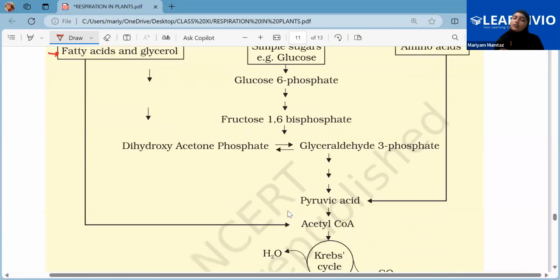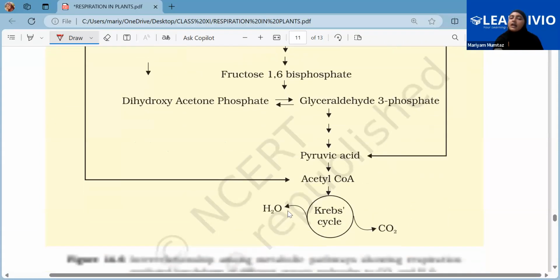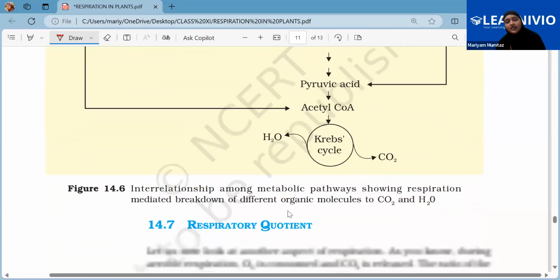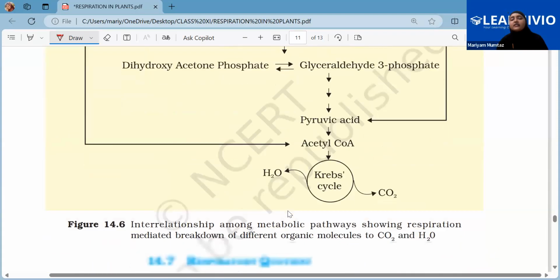Now we know that glucose also gets converted into acetyl coenzyme A, but glucose is the most favored substrate. Also, if we are talking about proteins, when we break down proteins, we get many amino acids, because proteins are made up of 20 amino acids.